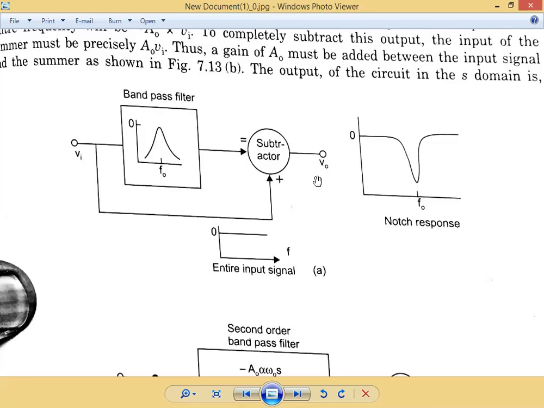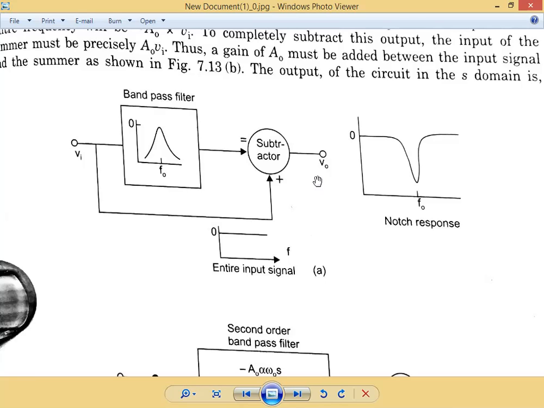As we know, for the band pass filter we have given the input to the inverting terminal of the op-amp, so the output will be inverted. This inverted output is nothing but negative.